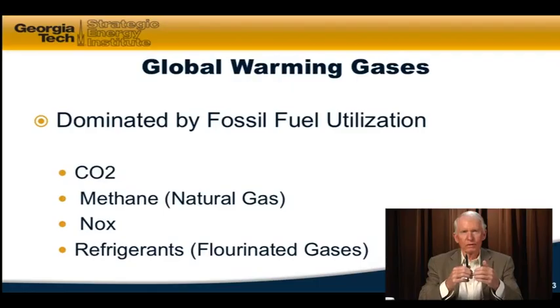The nitrogen that's in there, about 78%, 79% of our atmosphere is nitrogen, gets heated up, and it is present with the approximately 20% oxygen, and that gets formed with nitrogen.